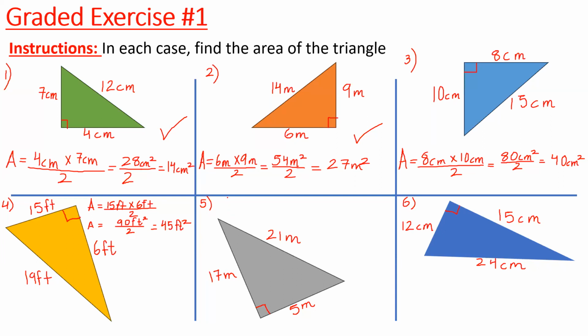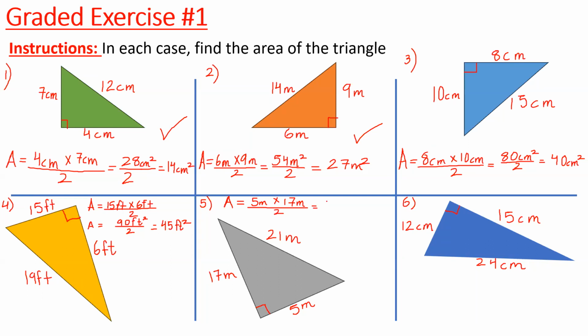This one is a little bit interesting. What's the base in this one? 5 meters. What's the height? 17 meters. Very good. We divide by 2. So what is 5 times 17? 85.